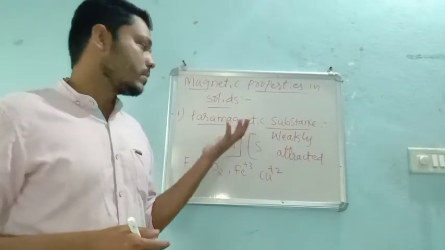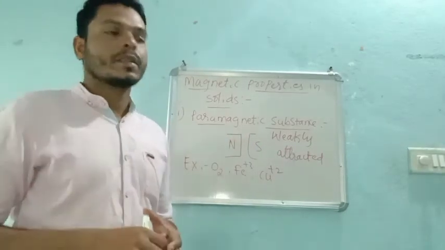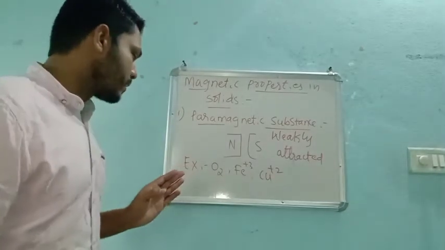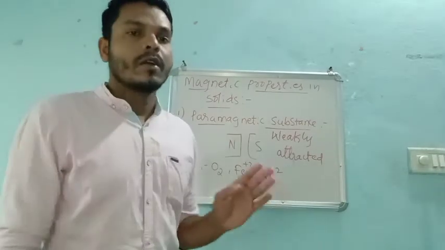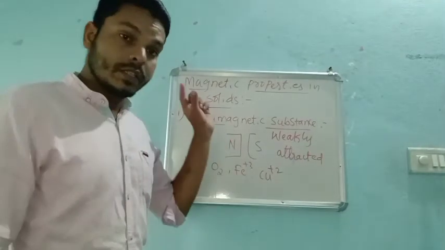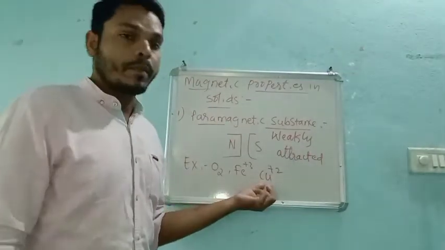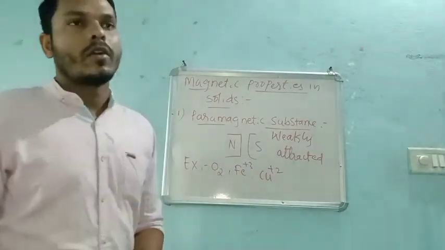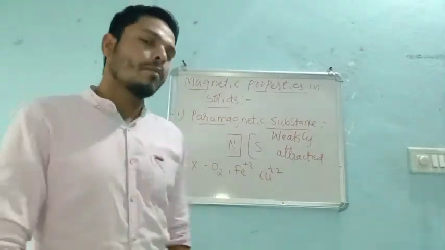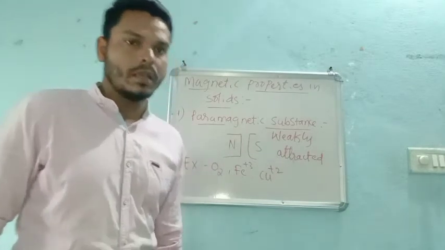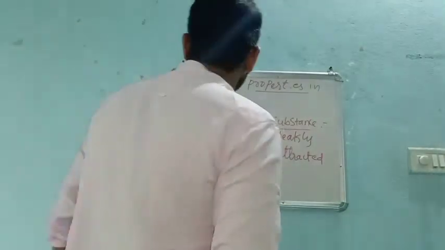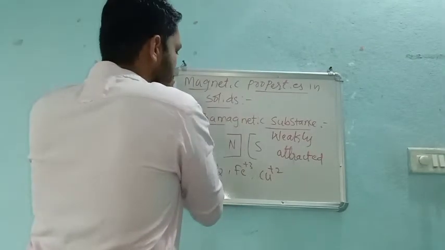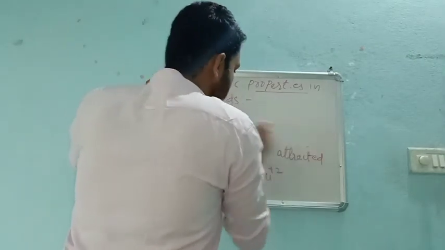Iron in plus 3 form, copper plus 2, and oxygen. You will get more examples, please go through the book, right? So this is about the first type of magnetic property, that is paramagnetic substances.